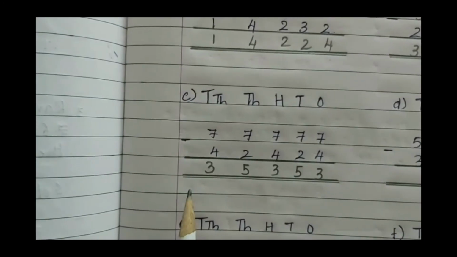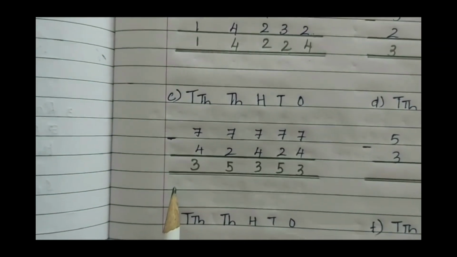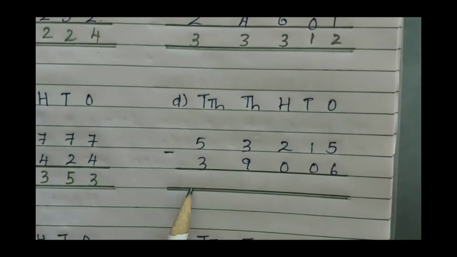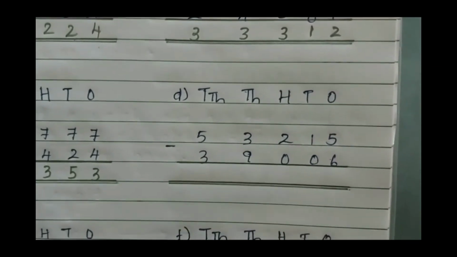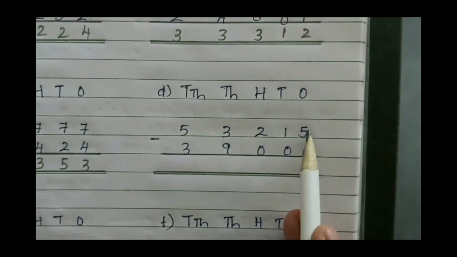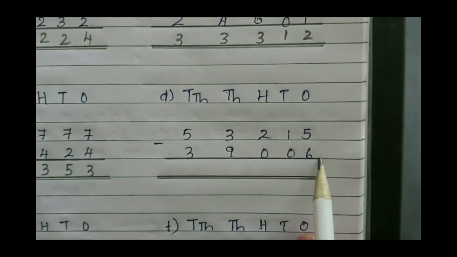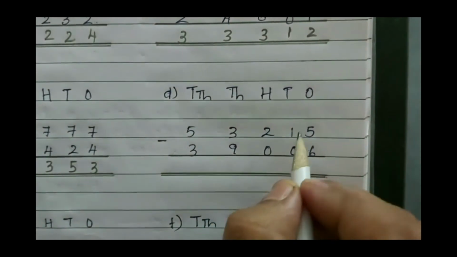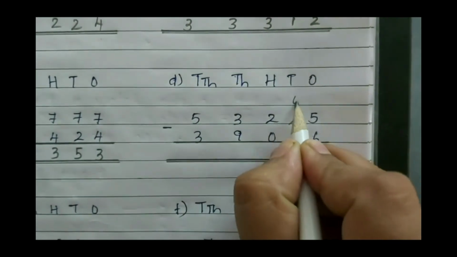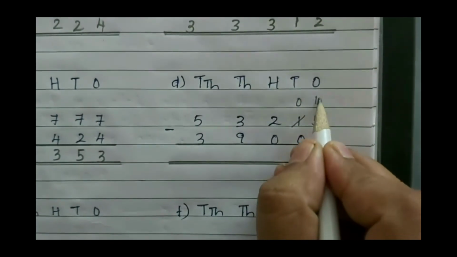C. Let us go with the D. Similarly, the smaller one is above, the bigger one is below. So at that time we are going to borrow from the neighbor. That is, first cut 1, it becomes 0. 5 will become 15.